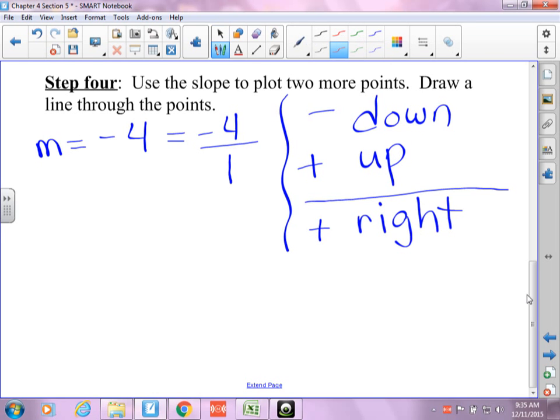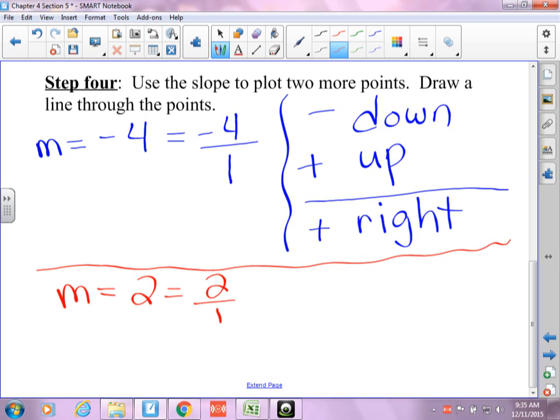Before we go on, let's talk a little bit about the slope. If m is 2, I'm going to make it 2 over 1, which means I'm going to move up 2 and right 1. Those are going to be my directions.